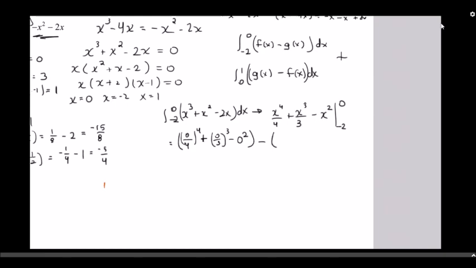Well, actually I just made a little bit of a mistake, we don't need those parentheses, because the whole thing isn't being raised to the third power, it's just the numerator. So it's just 0 to the fourth and 0, there we go. So now we're going to have negative 2 to the fourth over 4 plus negative 2 to the third over 3 minus negative 2 squared.